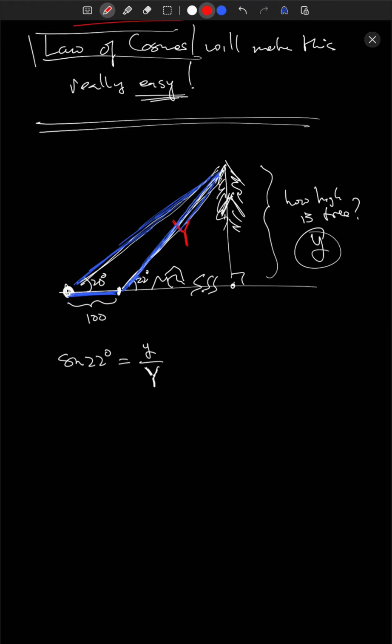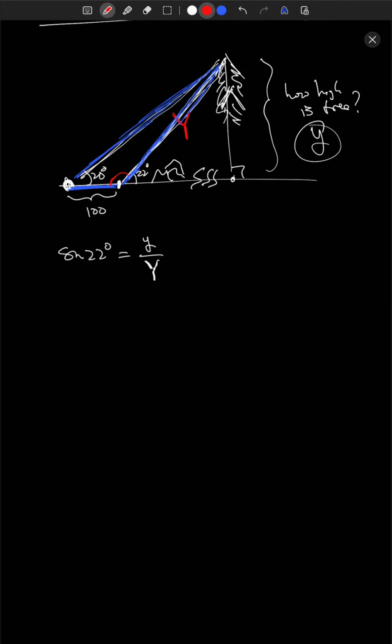So this angle right there, because the other side is 22 degrees, that angle is 180 degrees minus 22 degrees, so that angle is actually going to be 158 degrees.